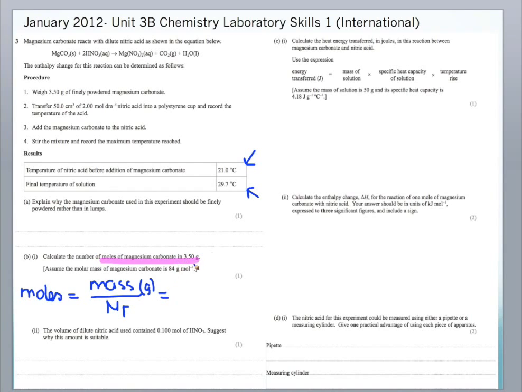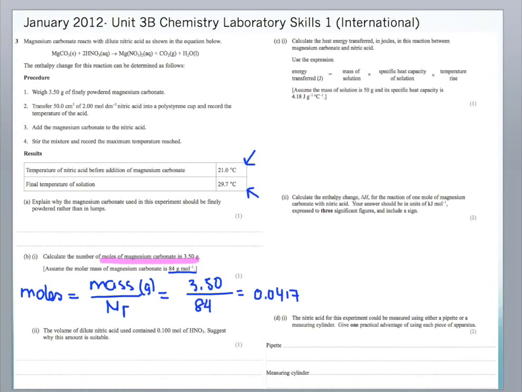They've given us the mass, so 3.50 grams, divided by the molar mass, which is 84. We divide that by 84, and we get 0.0417 moles. So that is the answer.